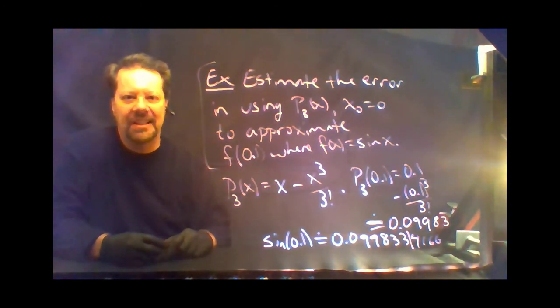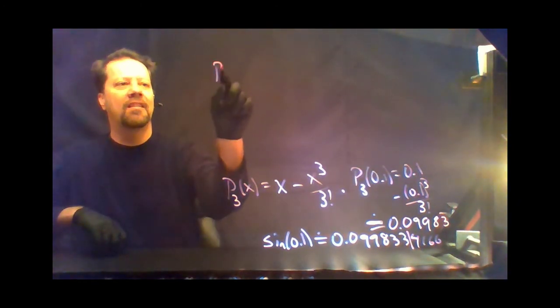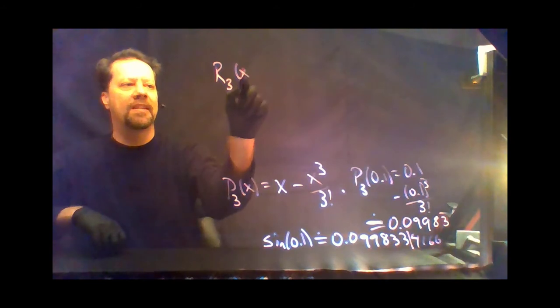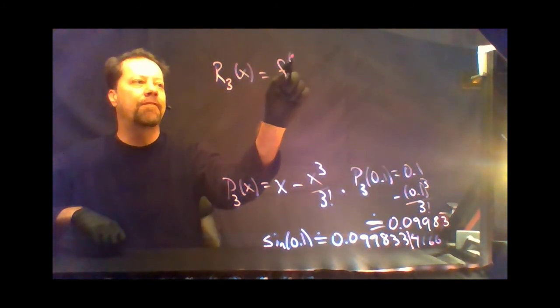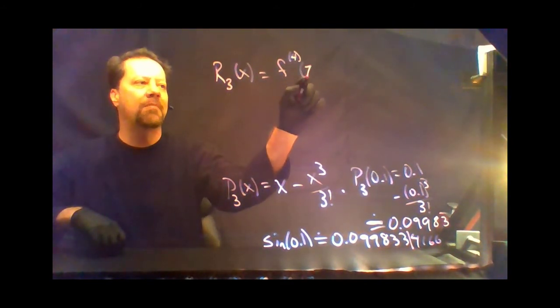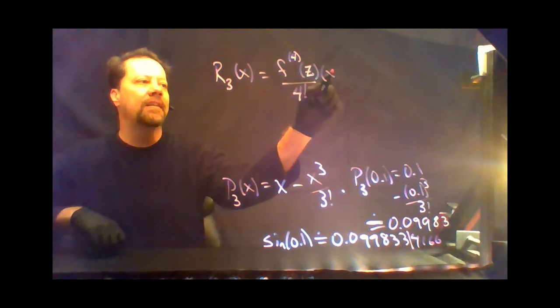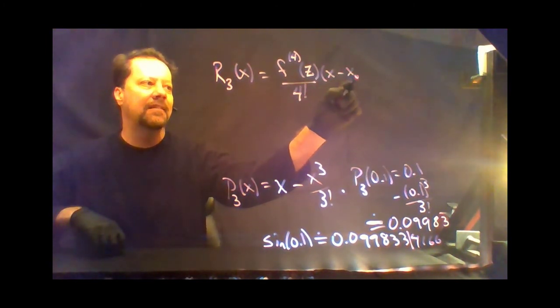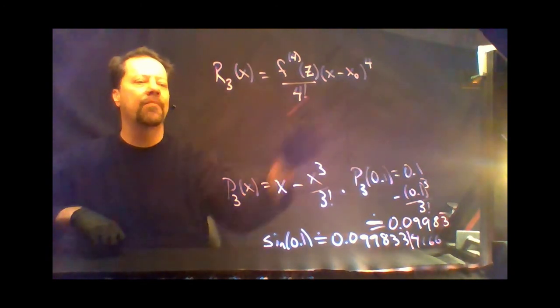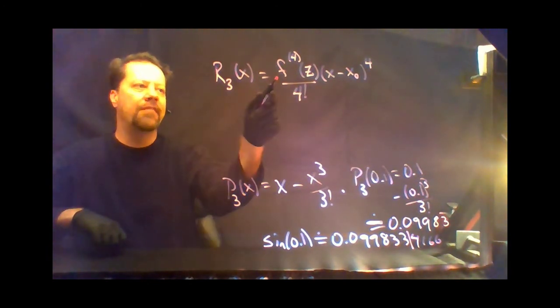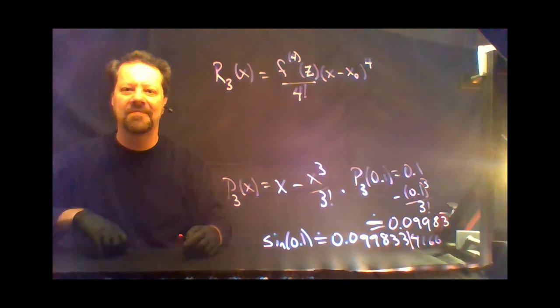What does the remainder formula tell us about the nature of this error? The remainder formula tells us that we have to deal with the fourth derivative at some point z divided by 4 factorial times x minus x naught to the power 4. What is the fourth derivative of the sine function?